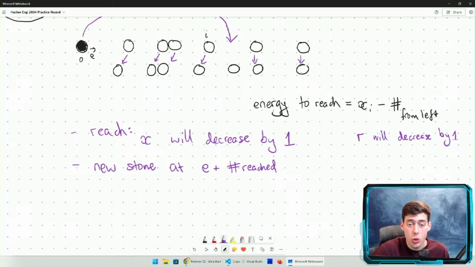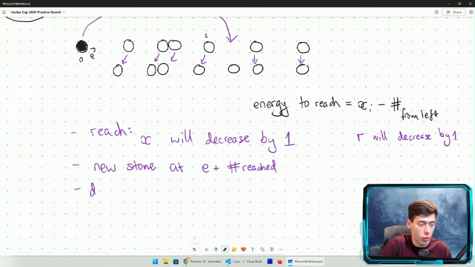But now let's look at the stones that we didn't touch, the stones to the right. Well, their positions didn't change, their xi's didn't change, but their number from the left, their index on the left, did change. That index is now 1 higher because we have a new stone to their left. So this won't change, but this will increase by 1, and since we're subtracting it, the new energy needed to reach them will decrease by 1.